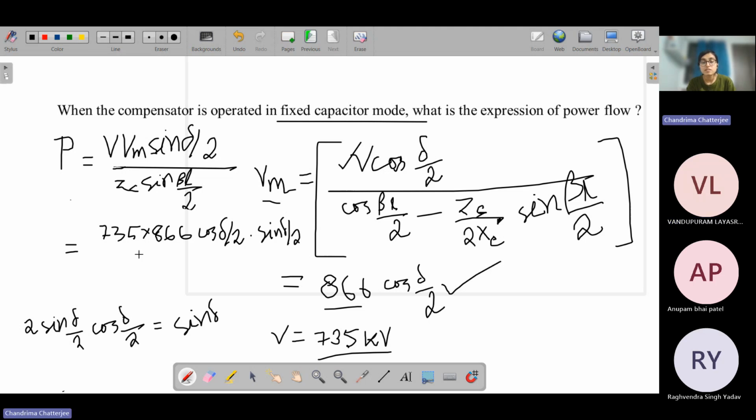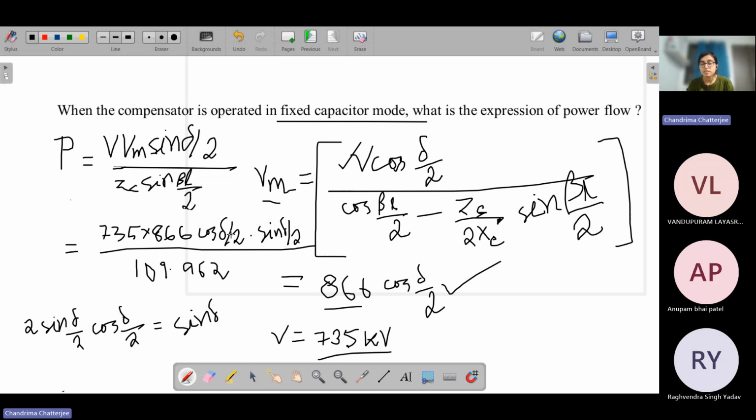And then in the denominator I am just calculating 235.9 multiplied by sine 27.784. It comes out to be 109.962. So 735 multiplied by 866 divided by 109.962. This is what you just told, 5788 something, whatever.